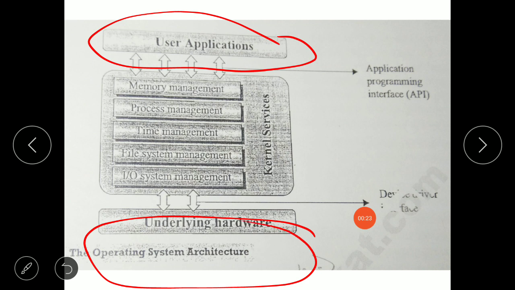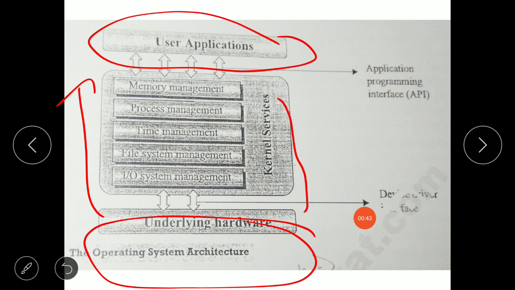The operating system manages the system resources and makes them available to the user application or task on a need basis. The basic component of an operating system is the kernel.